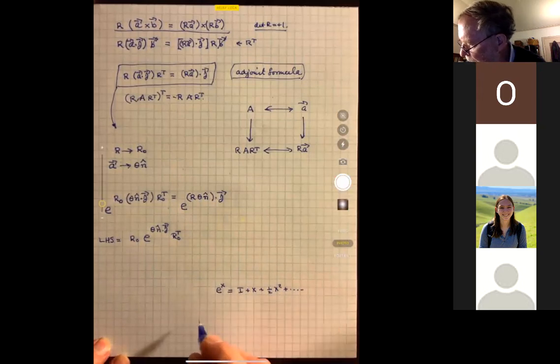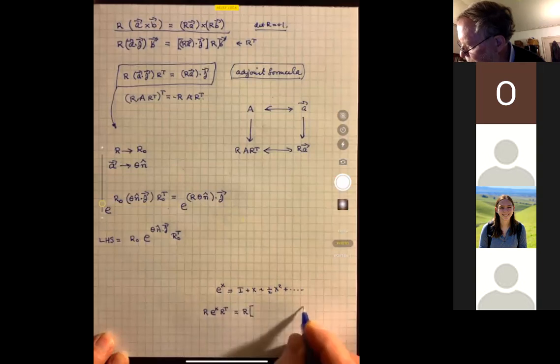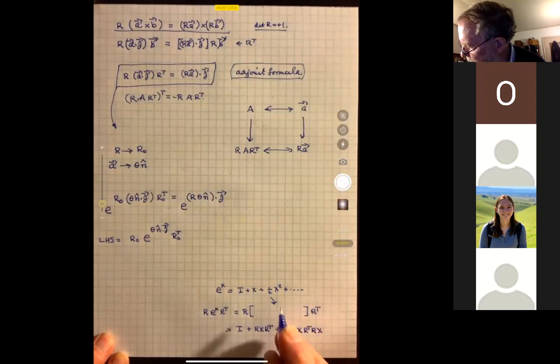All right. Now let's suppose I conjugate this with a matrix. I need a name for it. We're conjugating with rotations, so let me call it an R here. So R e to the X R transpose, let's say. What is that equal to? Well, it's equal to R times this Taylor series times R transpose. And R R transpose, the identity, just gives me identity. On the X, it gives me R X R transpose. Then we have the 1/2 X squared term. Let me write this as R, and instead of writing X squared, I'm going to write it as X times R transpose times R times X. And then I have the R transpose on the right, plus dot, dot, dot.